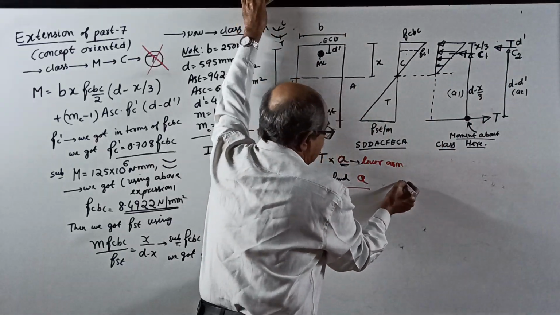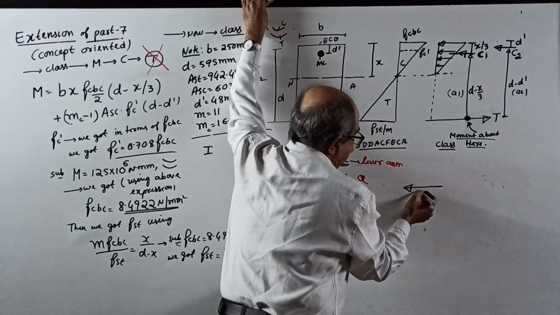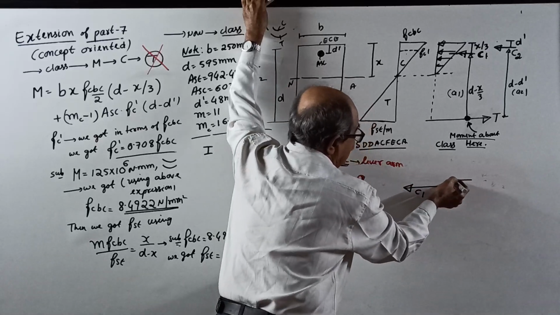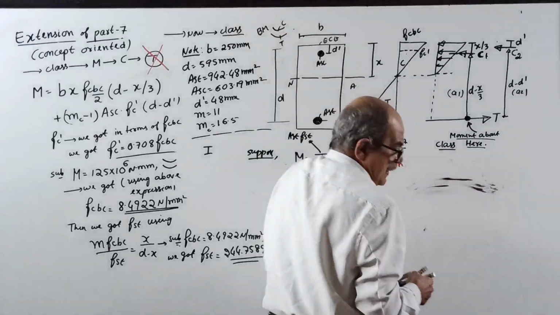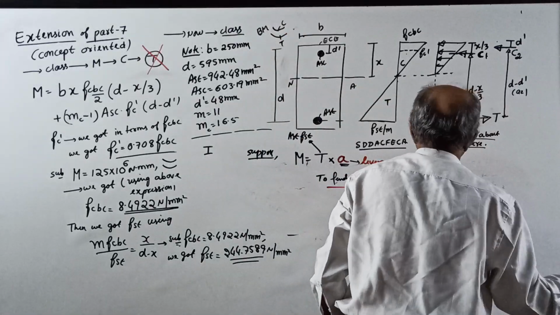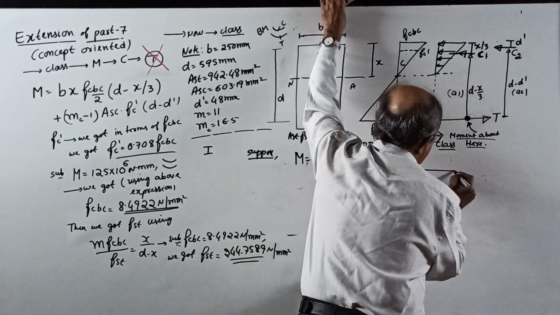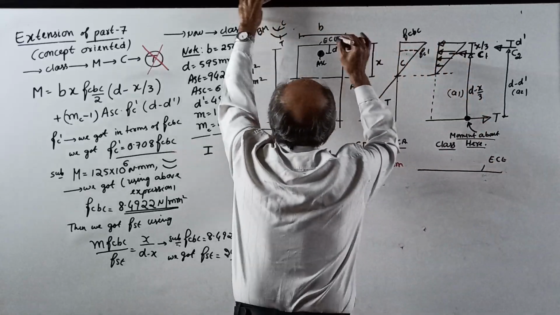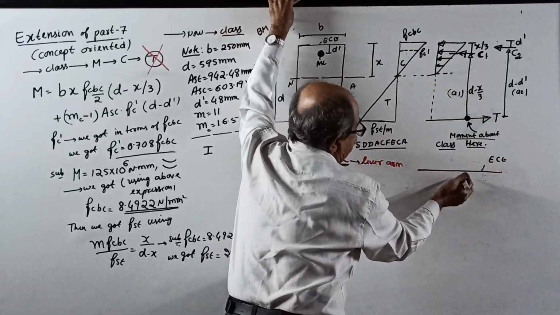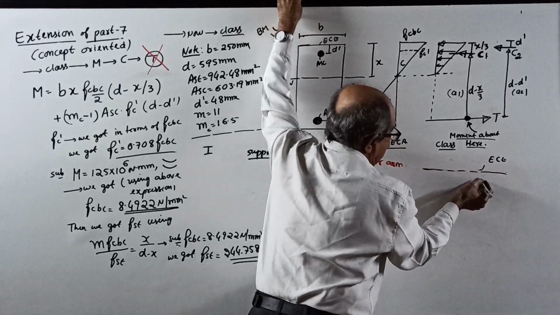What you do is consider C1 and C2. This is your C1, somewhere here is C2. Better make it more clear. Consider the extreme compression edge, the top of the beam. From that, I will put a dotted line.